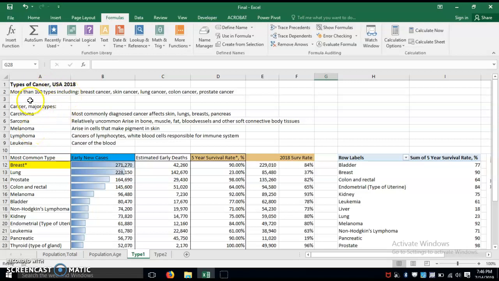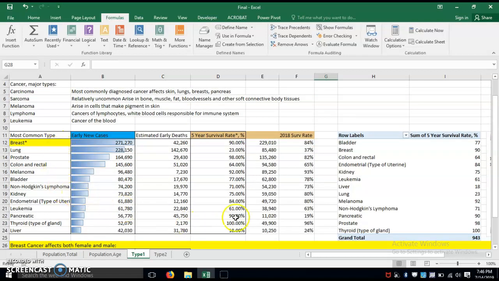To start over, there are more than 100 types of cancer, like breast cancer, skin cancer, lung cancer, colon cancer, but there are also 5 different groups. Basically, carcinoma is the most commonly diagnosed cancer, affecting skin, lungs, breasts. So these types of cancer relate to the different groups.